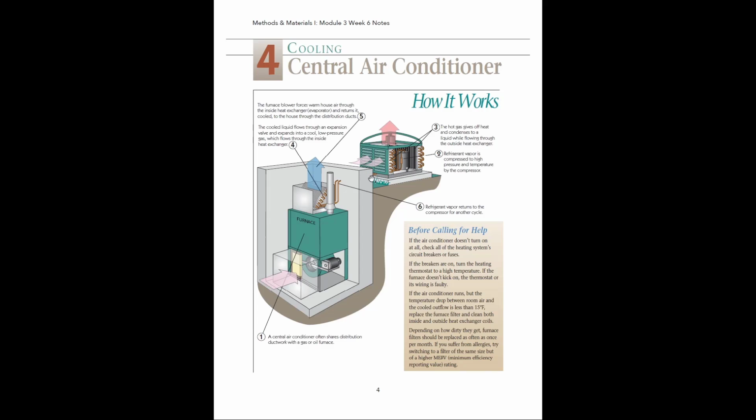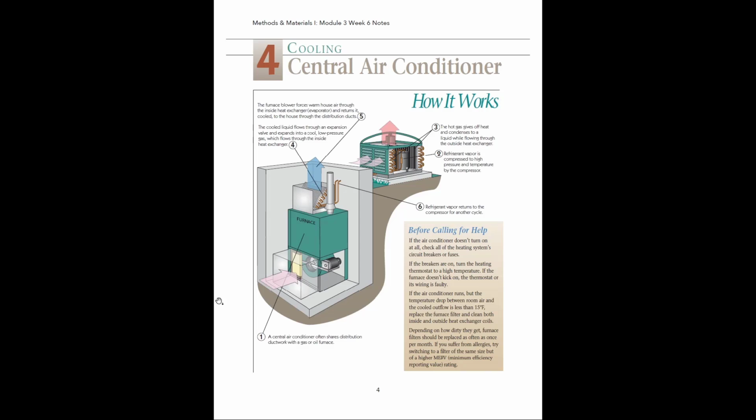Basically this unit here uses condensation, so it produces condensation through the components that are within it, and then the condensation or the vapor that's produced gets brought inside through these lines that we have here.